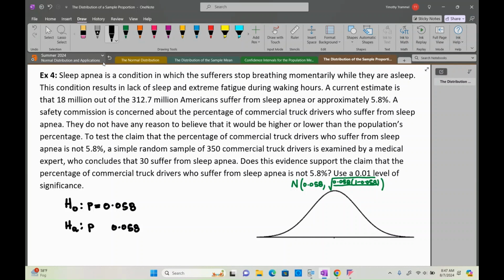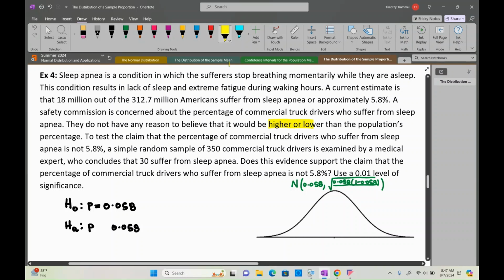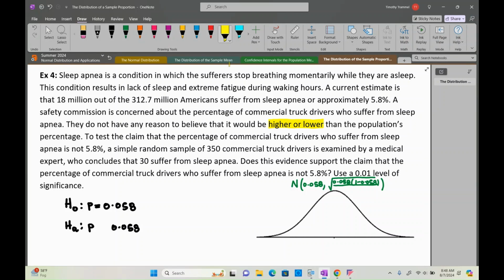They do not have any reason to believe that it would be higher or lower than the population's percentage. So that right there, to me, is an indicator that this is going to be two-tailed. There is no indication on whether they think more truck drivers are going to have sleep apnea or less.